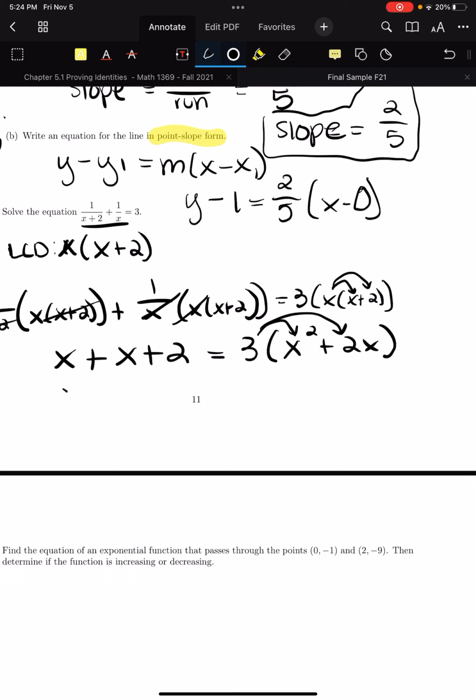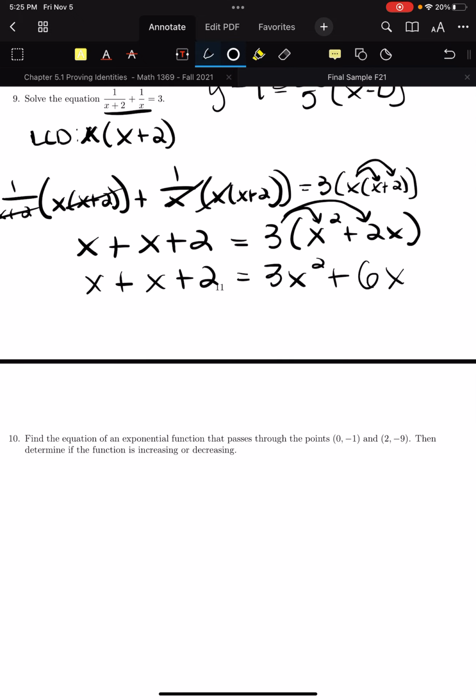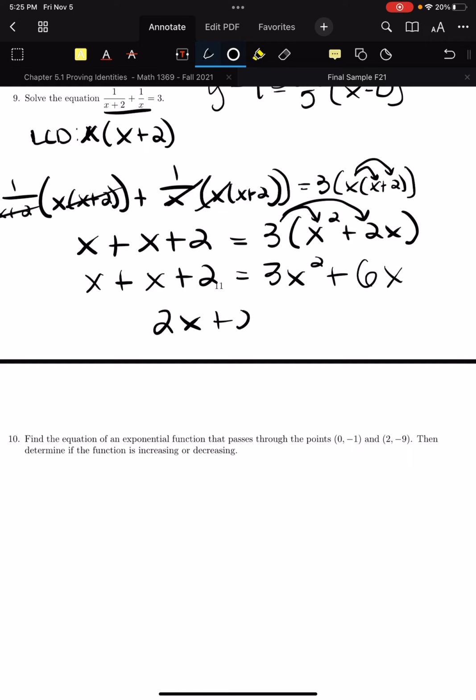And then that's going to leave us with x plus 2 equals 3x squared plus 2x. Or sorry, that should be plus 6x. That's my bad. And then if we simplify the left, it's going to be 2x plus 2 equals 3x squared plus 6x.